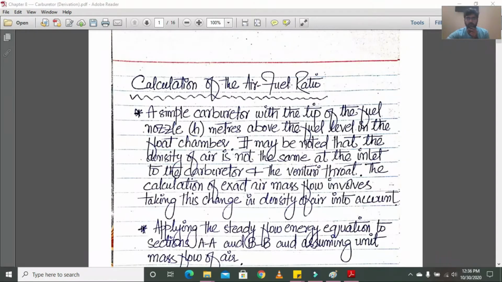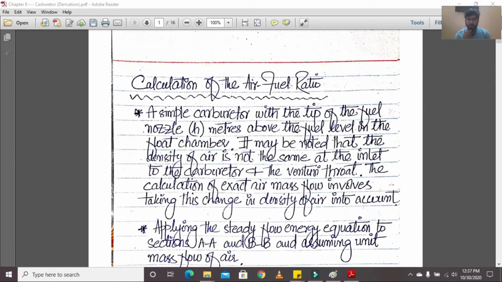First of all, in order to calculate the air fuel ratio, we have to determine the relation for the mass flow rate of air, and not only for the air, but also for the mass flow rate of the fuel as well.